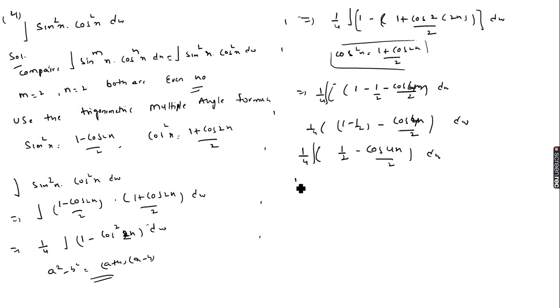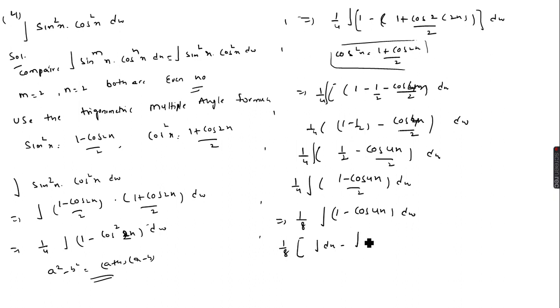So therefore 1 by 2 into integral of 1 minus cos 4x by 2. So 1 by 2 is a constant, taken outside. 1 by 4 into 2, that is nothing but 1 by 8 into integral of 1 minus cos 4x into dx. So that is 1 by 8 into integration of dx minus integration of cos 4x into dx.